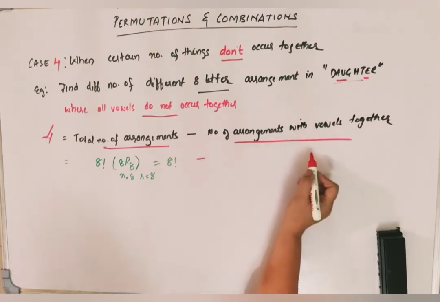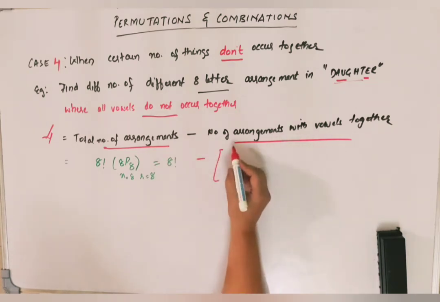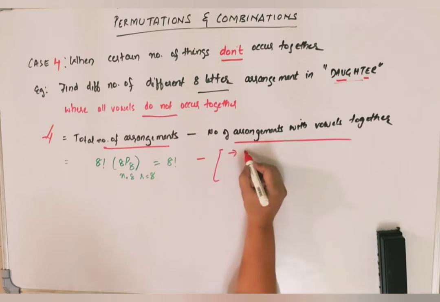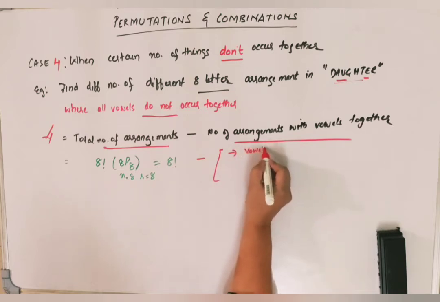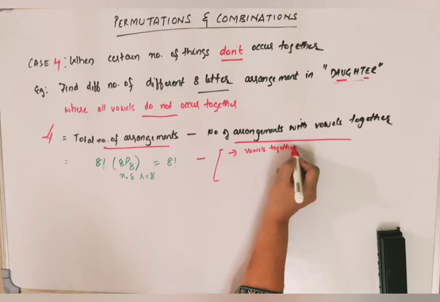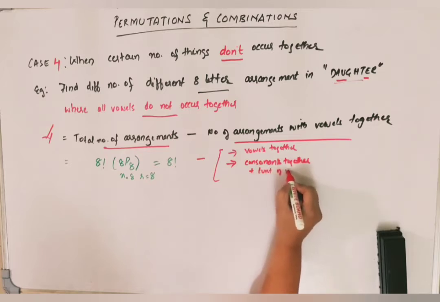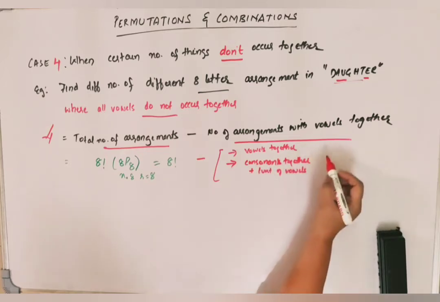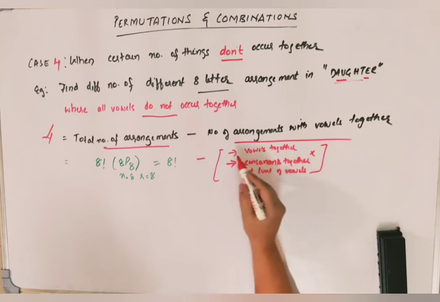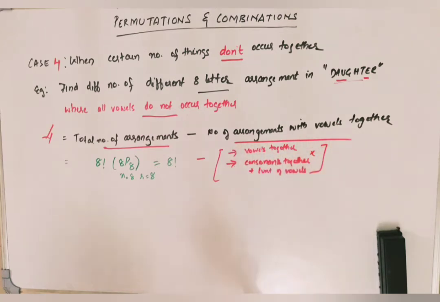And what is the number of arrangements with vowels together? This is a two-step approach. First you find the arrangement with vowels together. And then the second step is consonants together and 1 unit of vowel. We multiplied these two and we got the number of arrangements with vowels together.